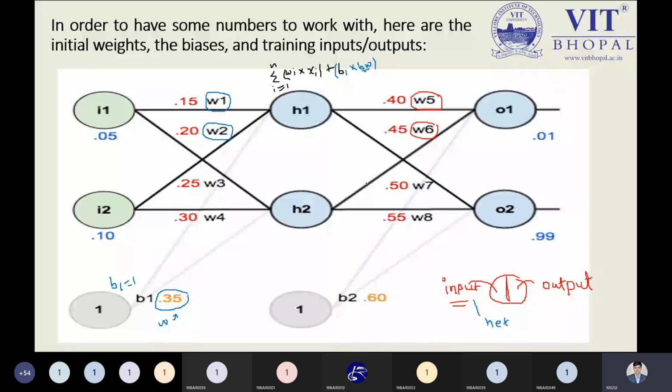So this portion is clear: why we cannot update W1, W2, W3, W4 directly, and why we are updating W5, W6, W7, W8 first. Is it clear to all right now? Yes, sir. It is just like a simple example. If you're moving from one city to another city, and in between we have 10 stations, you are not going by flight, you are going by train.